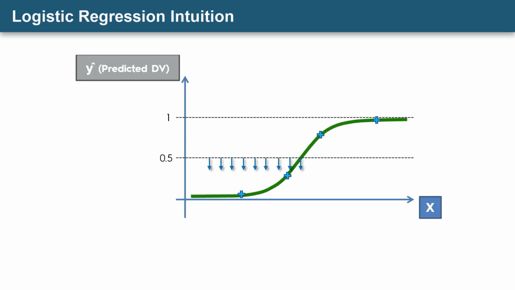Anything that falls on the curve below this line will be projected downwards onto the 0 line, which makes sense. It's basically saying, if your predicted probability of taking up this offer is less than 50%, let's say it's 40% or 20%, then we are just going to say that you are probably not going to take up this offer.